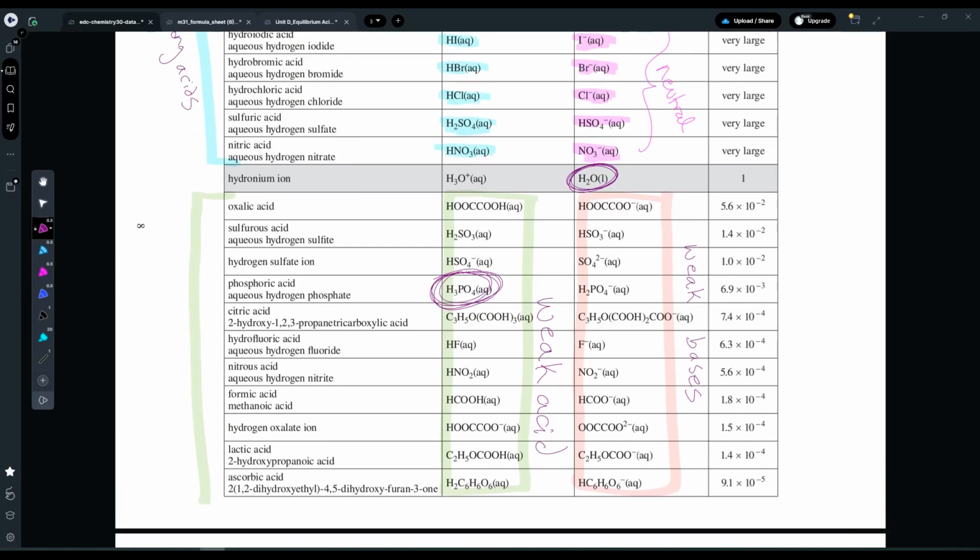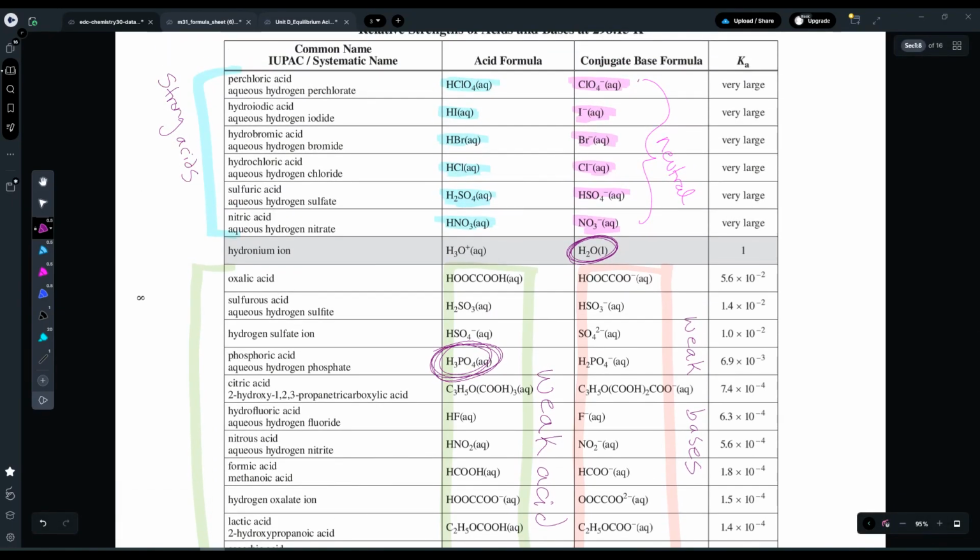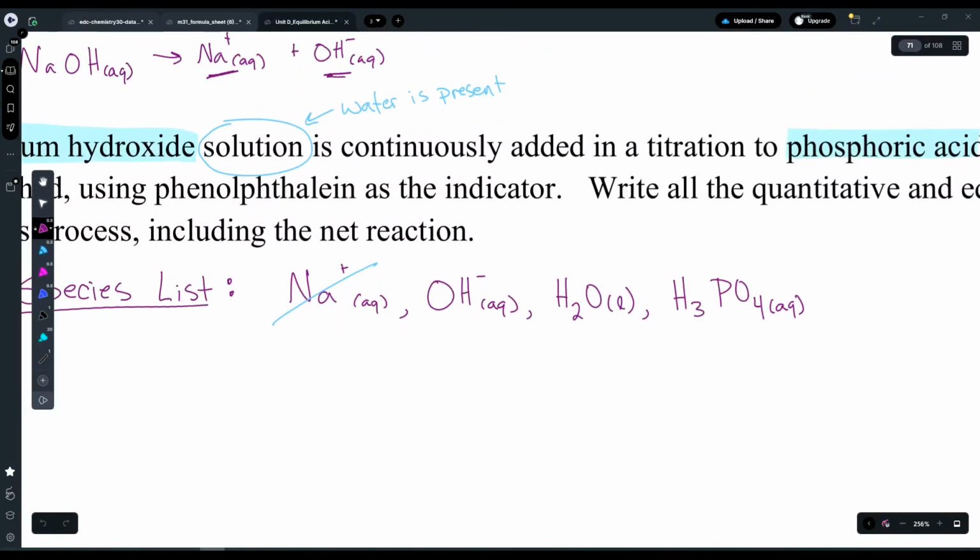All right, so now we need to pick our strongest acid and our strongest base. For the strongest acid, I'm going to put my finger at the top of the acid formula column and then trace my finger down until I hit my first acid. So phosphoric acid, out of the species list that I have, is the strongest acid. So I'm going to label that strongest acid.